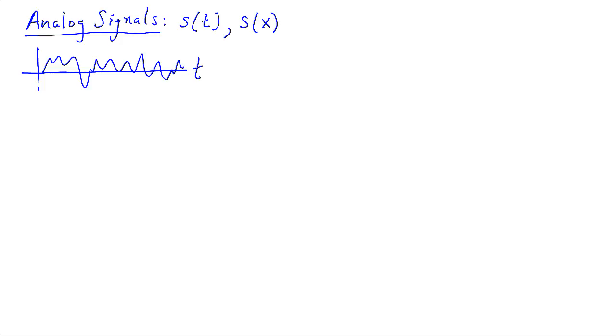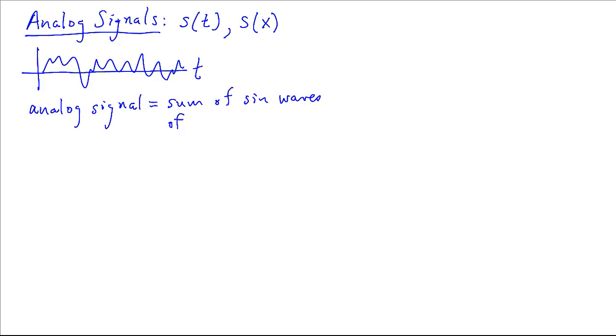And so what we're going to write is that an analog signal is equal to a sum of sine waves of various frequencies, and that if we were to plot the amount of sine wave of frequency f, we could write our signal as a function of the frequency.